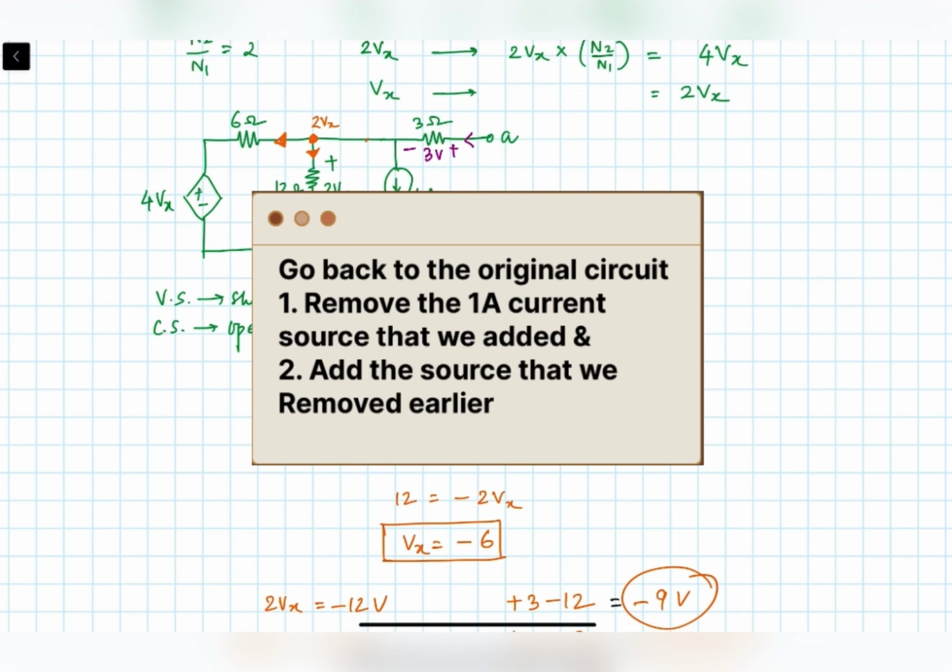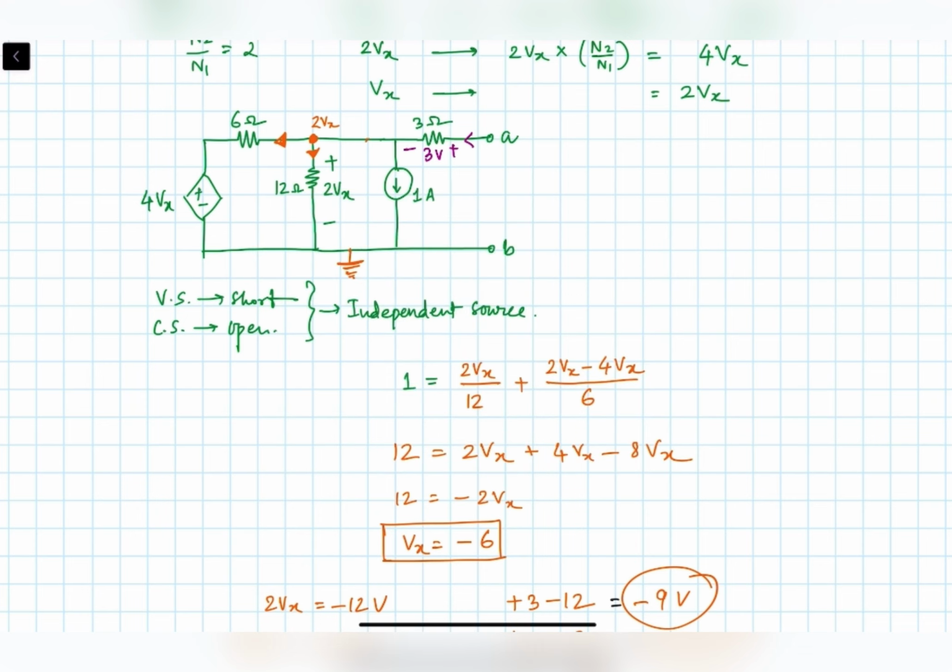Now again we are going to use the nodal equation in that node only. We can also say that the sum of all the outgoing current is 0, or the sum of all the incoming current is 0. You can take any you want. Okay, let's take all the outgoing current. On the left hand side there will be 2Vx minus 4Vx by 6.